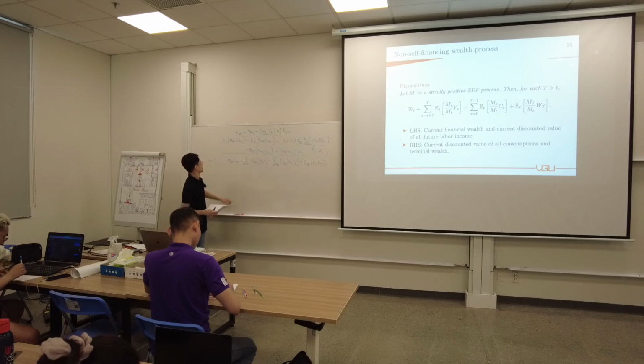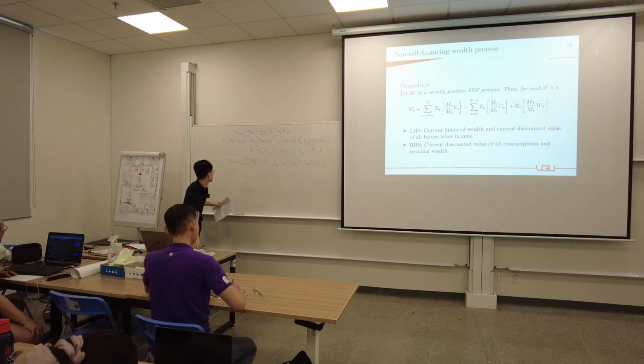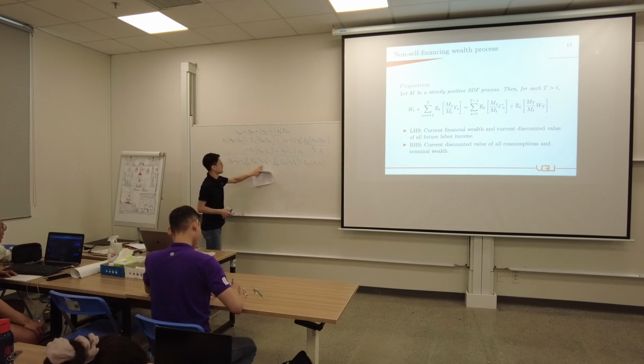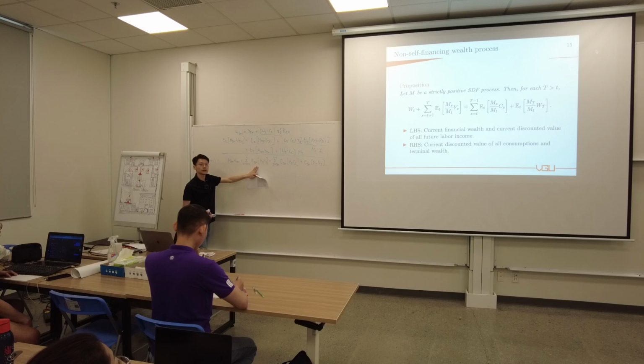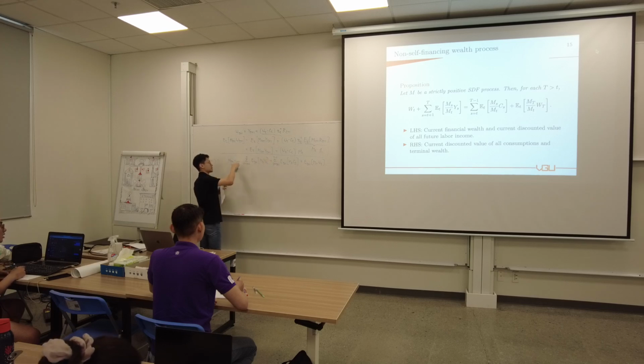So here we have an equation of the conditional expectation of m tau plus 1 and W tau plus 1. So here we also want to write an equation of m tau plus 1, W tau plus 1. So we just put this sum of the income to the right hand side. So what do we get? We have a plus here and we have a minus here.